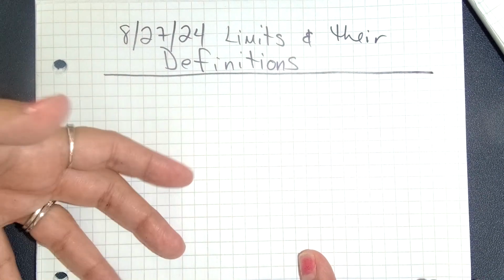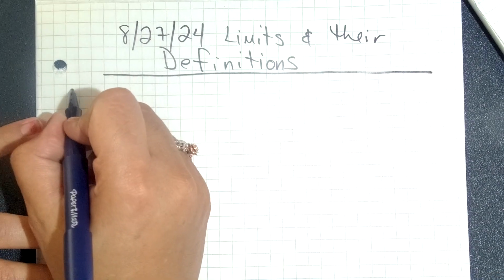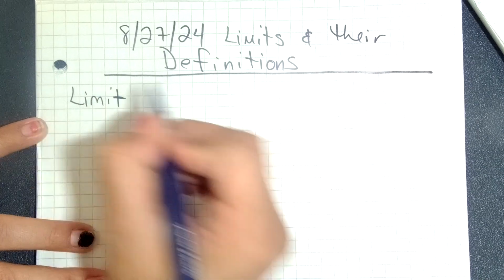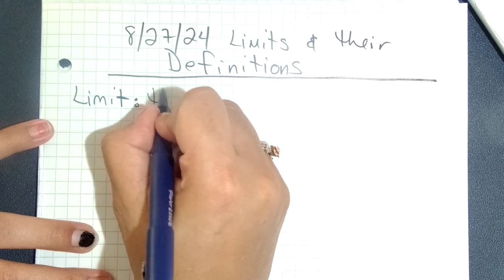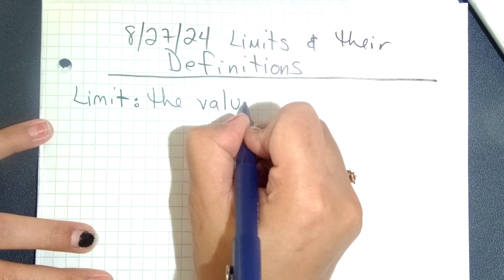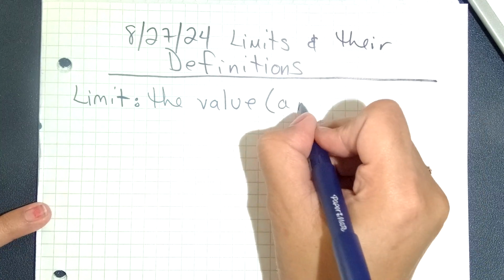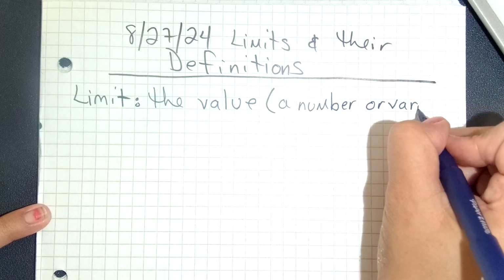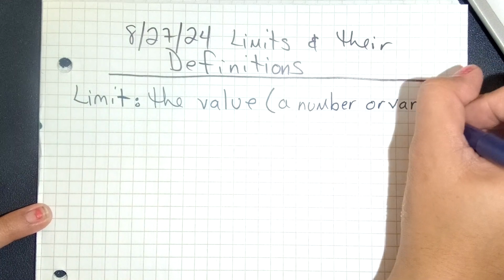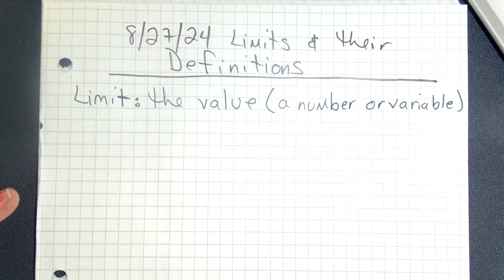Okay, I'm going to start with the definition of a limit. So this is our first introduction to calculus. The limit is the value, which means that this is going to be a number or variable. Please let me know when I'm off screen. Can everybody see that? Do I need to zoom in?